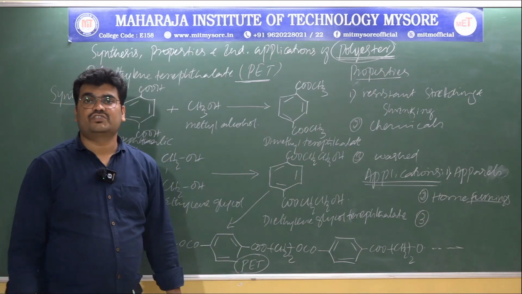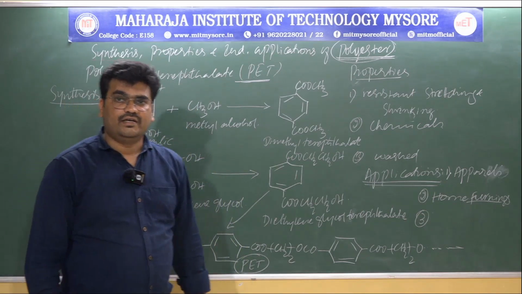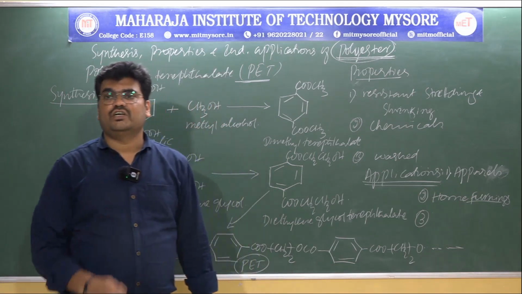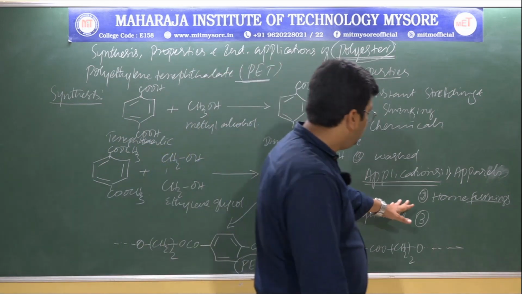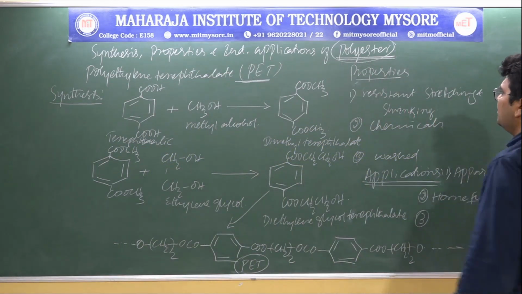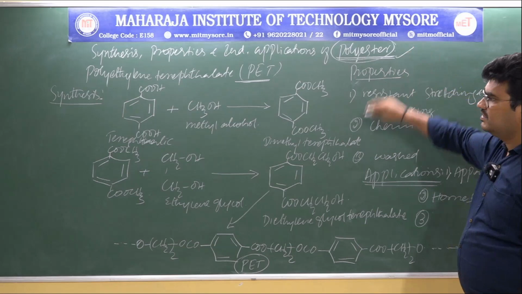It can be used in the manufacturing of power belting and nets, ropes, tire cord, etc. So in all these places, this polyester can be utilized, right?